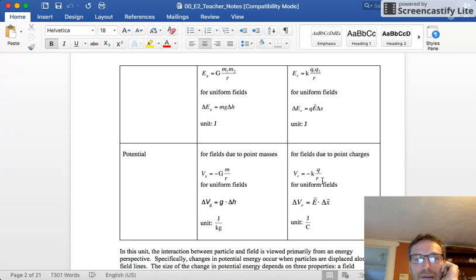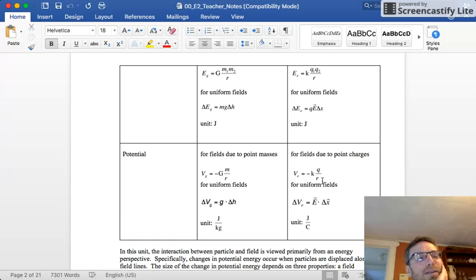So what I've done is taken away the negative here. If I do that, then I find that close to a positive central charge there would be a high amount of potential. And that seems to make sense because, as we did this electric field mapping, near a positive charge you get high potential, and then as you move away, you get lower potential.